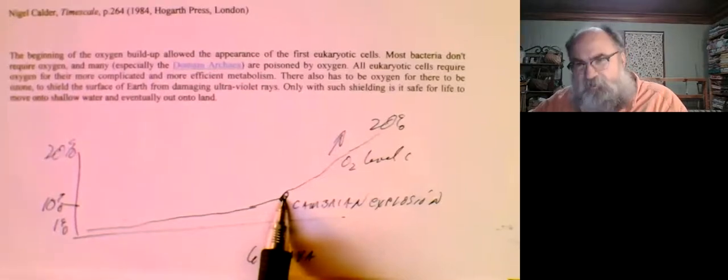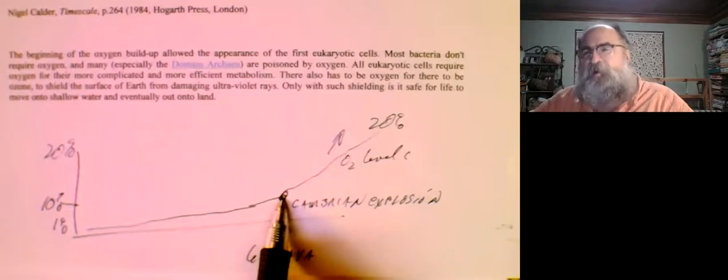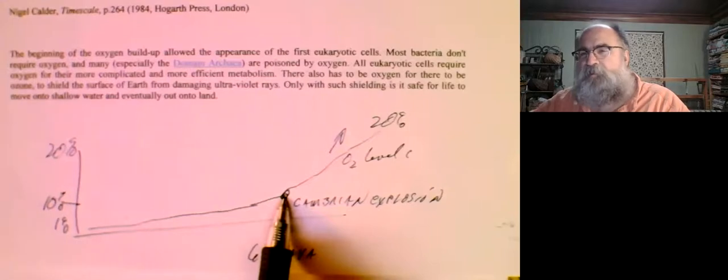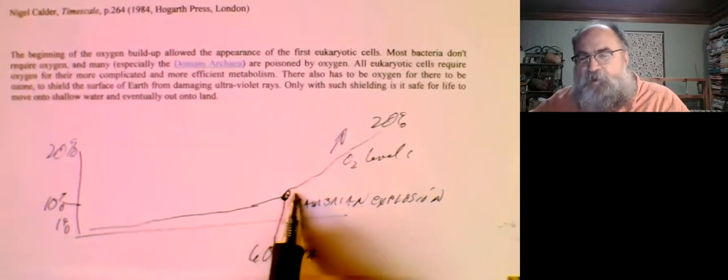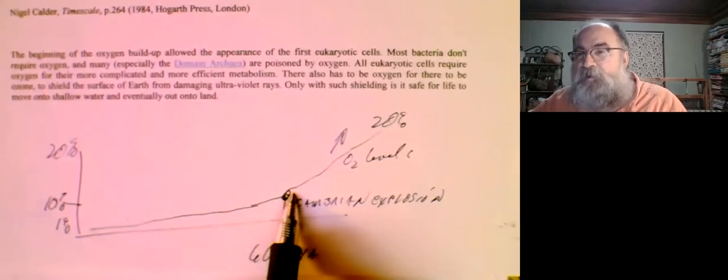And so first you had all these kind of flat, small organisms where oxygen could diffuse in through the entire body pretty well. But then, somewhere around when you get 10%, now you can get more elaborate, larger organisms.